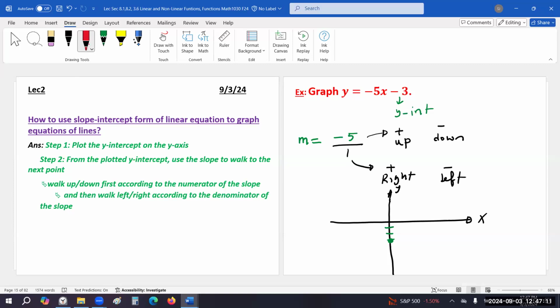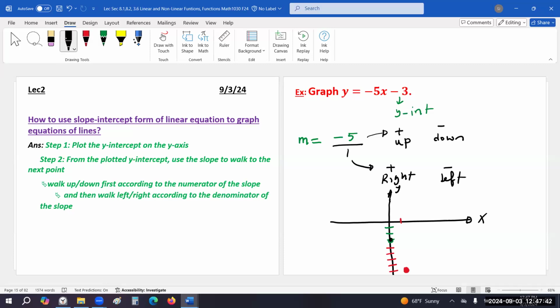Down 5. So 1 down, 2 down, 3 down, 4 down, 5 down, and then +1 on the denominator. Which direction? Right 1. So this is our next point. From the y-intercept, you rise and run, you get your next point. And then you can simply connect them and get your line.